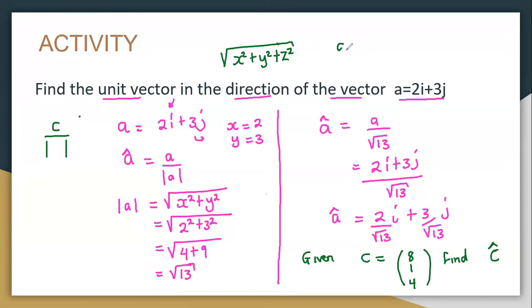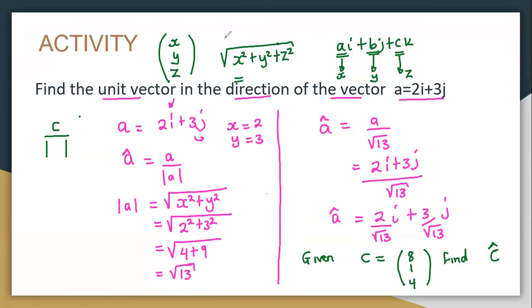But we say that in vectors, when we have ai plus bj plus ck, what is in the position of i represents the x component, what is in the position of j represents the y component, and what is in the position of k represents the z component. In case it is given in this column form, then the first one is always your x, the second one is your y, and the third one is your z. So you extract them from the column vector, and then you substitute them here.